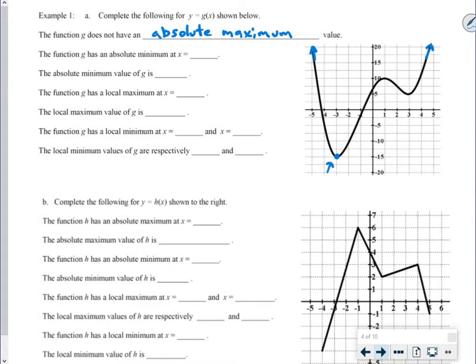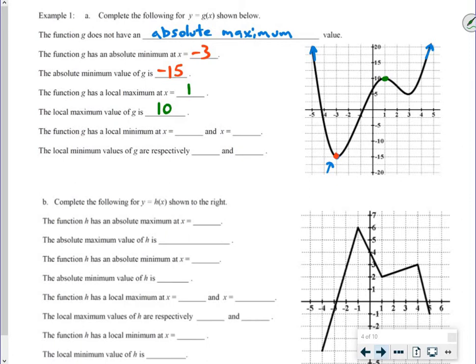That's the smallest height, if you like, when x is -3. And the corresponding y value is -15. Okay. We also have a local maximum here when x is 1, and the local maximum y value is 10.